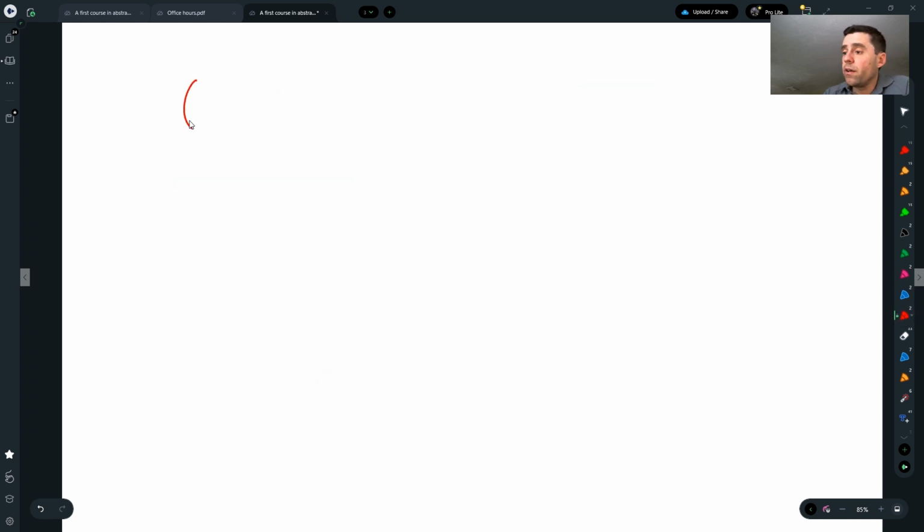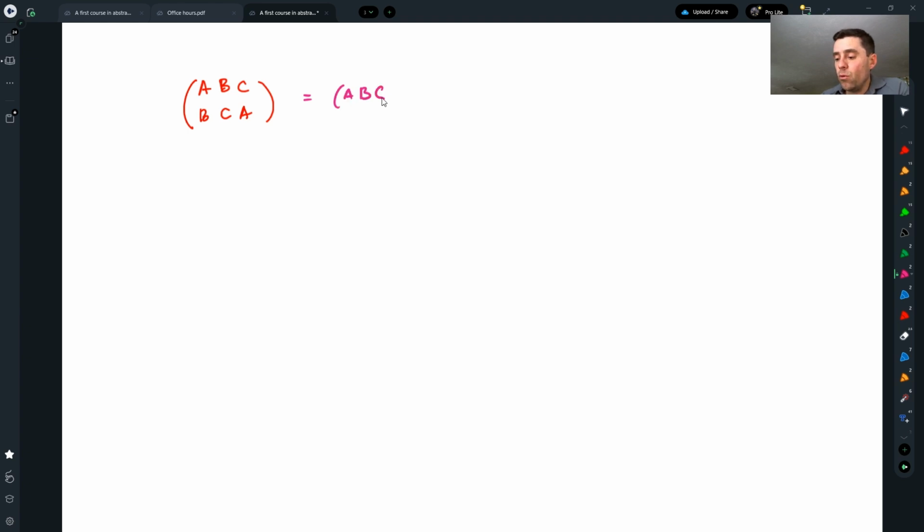This one, let me just write it in another place. So this one, the ABC goes to BCA in cycle notation. What I'm going to write is, let's say, where A goes: A went to B, B went to C, and C went to A. So in compact cycle notation, that is the way we're going to write that permutation. Let me write another one.